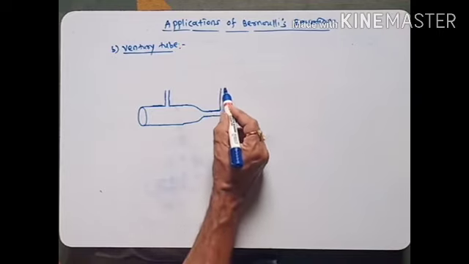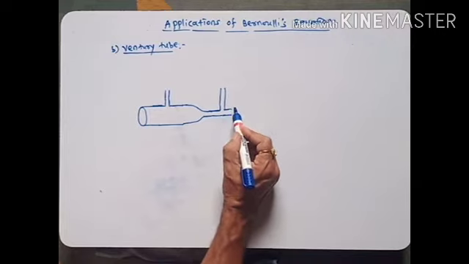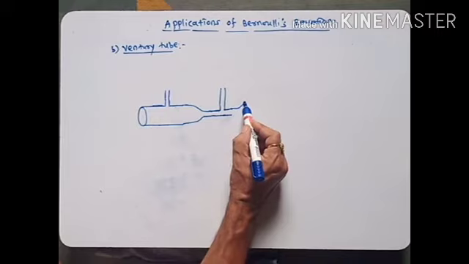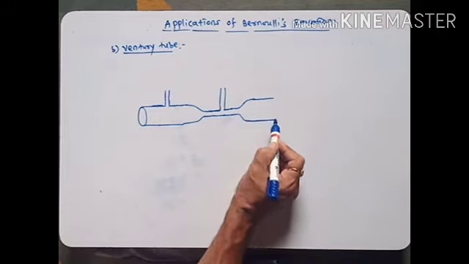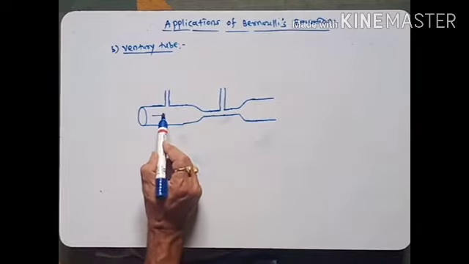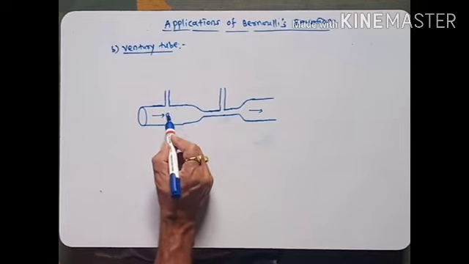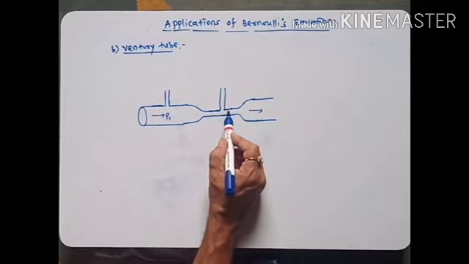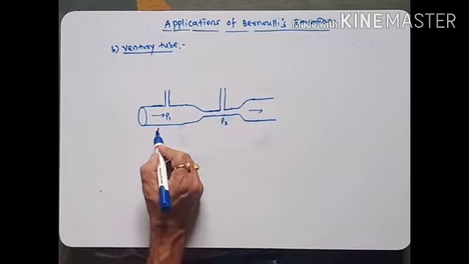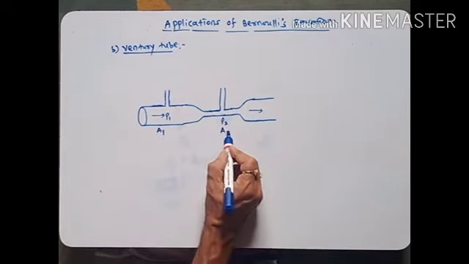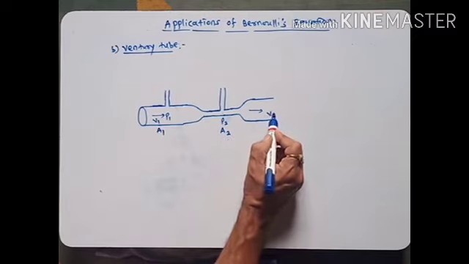Again we consider one opening here, and again the same area of cross section on this side. Now suppose liquid flows through this tube. P1 is the pressure at this point and P2 is the pressure at this point. Here A1 is the area of cross section, here A2 is the area of cross section. V1 is the velocity here and V2 is the velocity here.